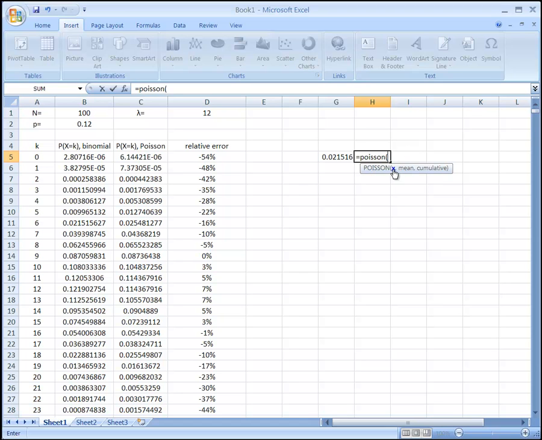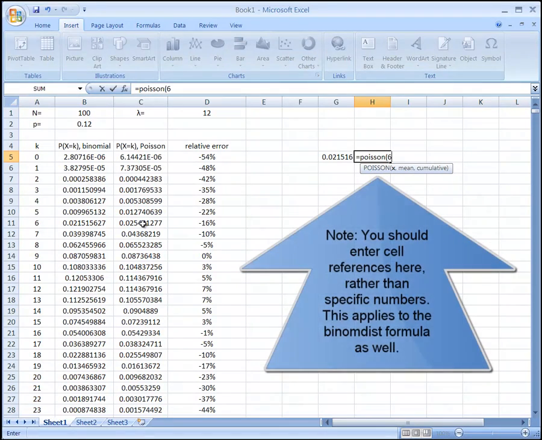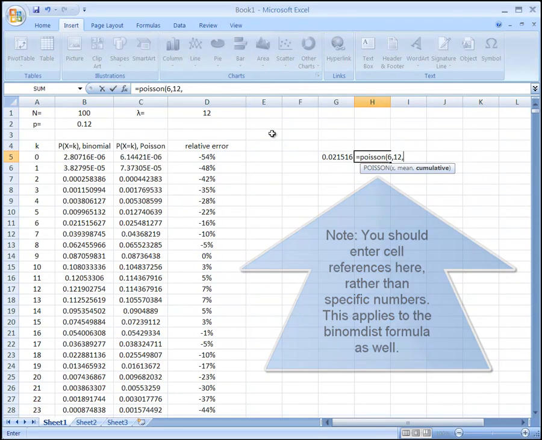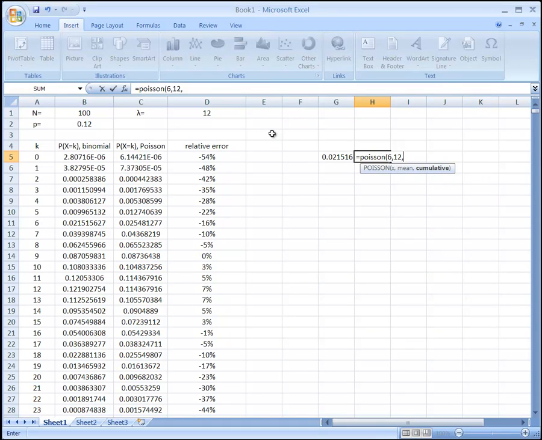That's the value that you're finding the probability of, and we're going to do the k equals 6 example. So we'll put in 6 here. The mean of a Poisson distribution, that's the expectation, and that is 12. And the cumulative field is going to again be false.